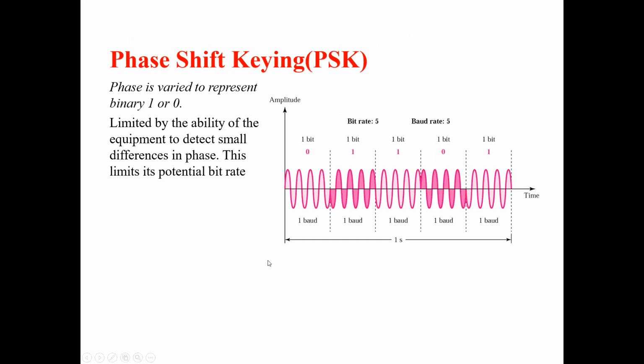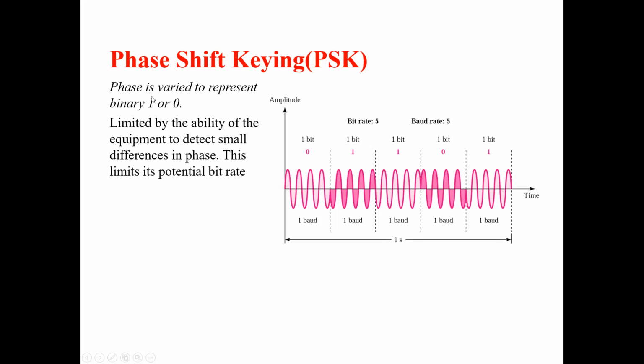Next is phase shift keying, PSK. Phase is varied to represent binary 1 or 0. Everything we are using, frequency, pulse, phase, is used to determine and represent binary 1 or 0.